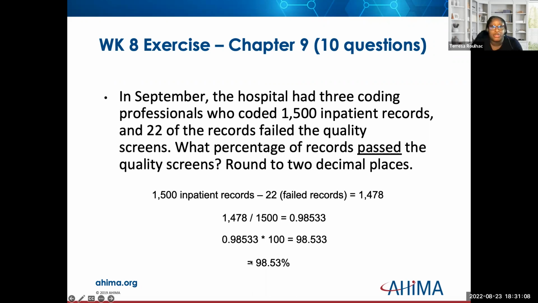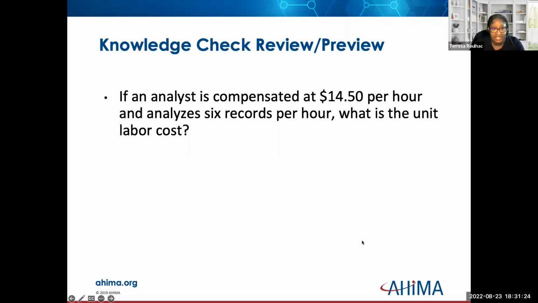Now, if you have had the opportunity to work on your knowledge checks, then these next 2 will just be quick reviews. But if you hadn't had the opportunity yet, then let's preview 2 random questions. All right. Now, the very first question, if an analyst is compensated at $14.50 per hour and analyzes 6 records per hour, what is the unit cost?